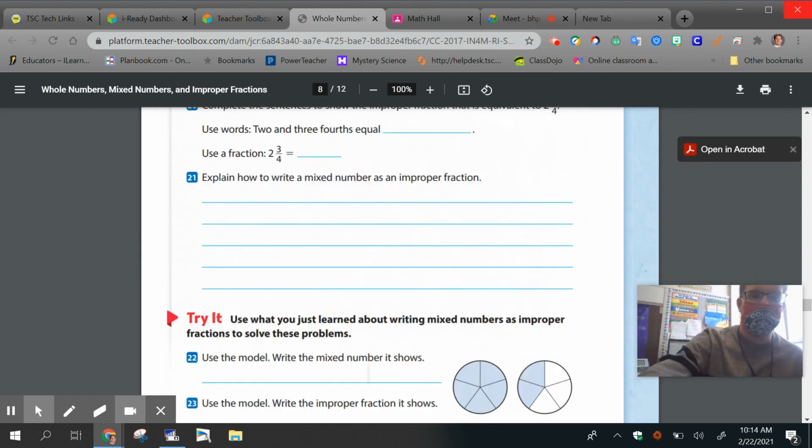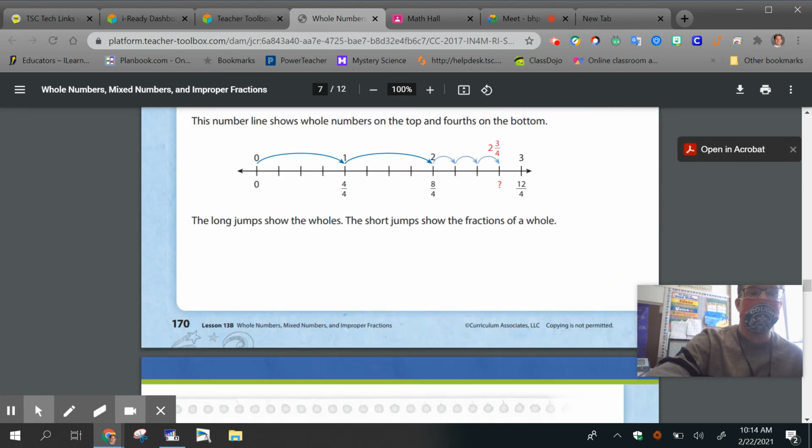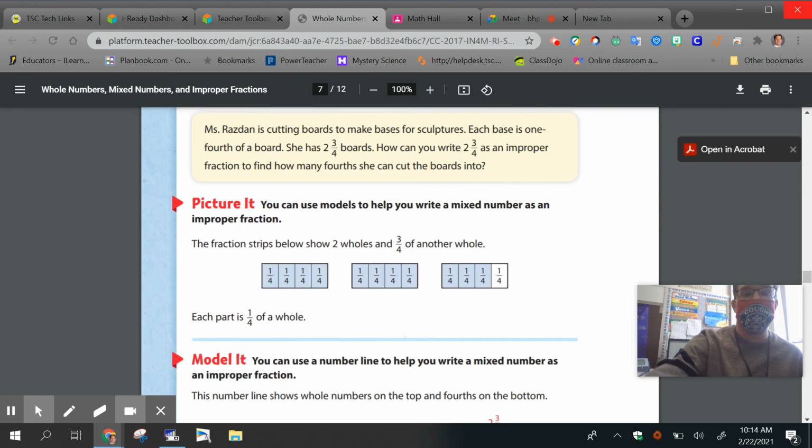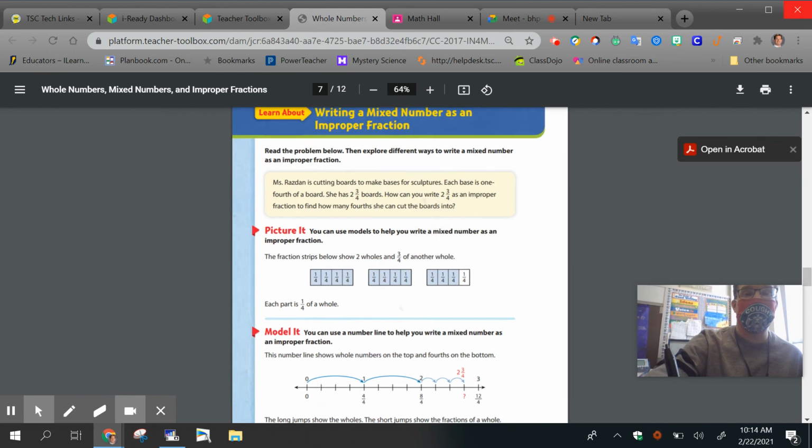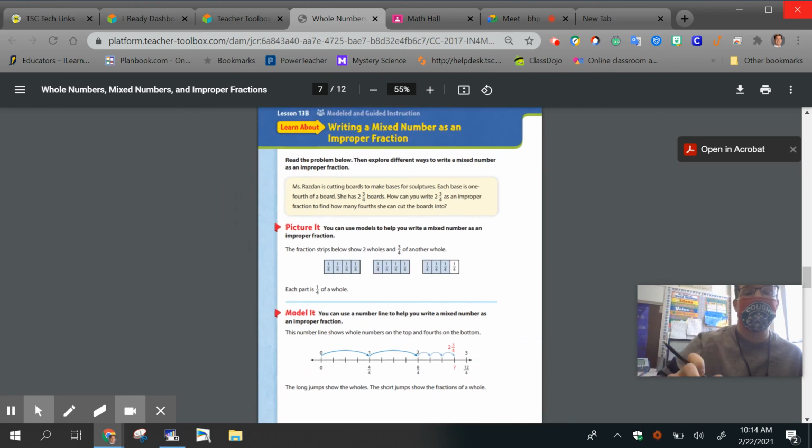Where are we at? I went too far. Okay, open up your book to page 170. This is why we're not spending that much time, because really, you guys are a smart bunch. Not the smartest I've ever had, but pretty close. That's why I keep you guys humble. Actually, for math, you guys are pretty close to the highest I've ever had, math-wise.